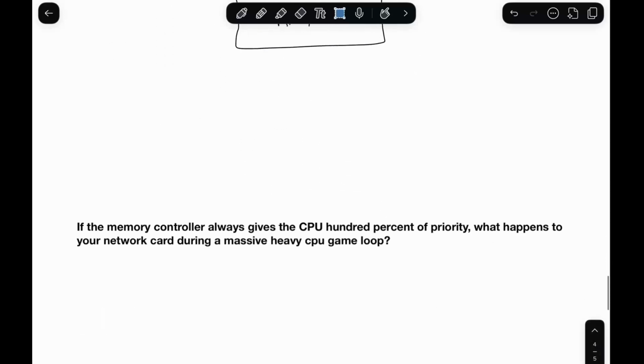So the question is: imagine the memory controller always gives the CPU 100% priority, top priority. What will happen to our network card during a massive CPU loop? Just think on it, research, and get your answers. If you want, you can comment it down in the comment box.